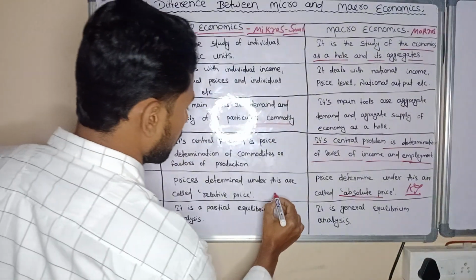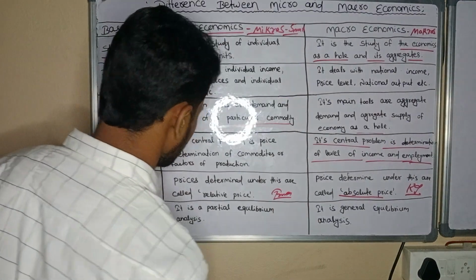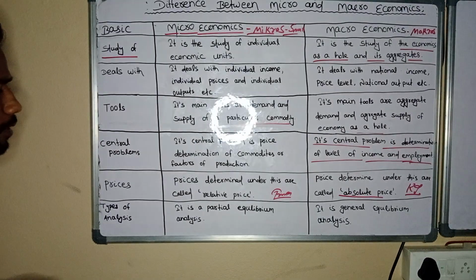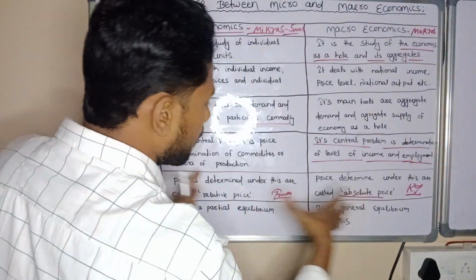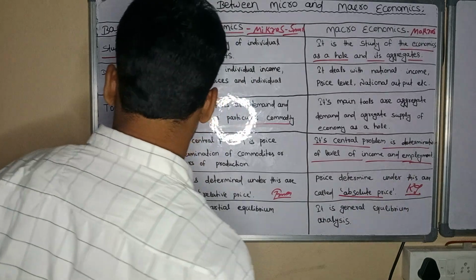Relative means gram. Whatever you are fixing a price for is very narrow, and if you are aggregating, this is your broader price, that is the absolute price.